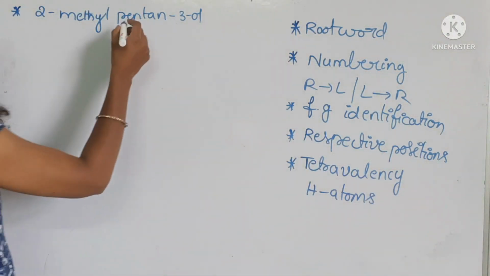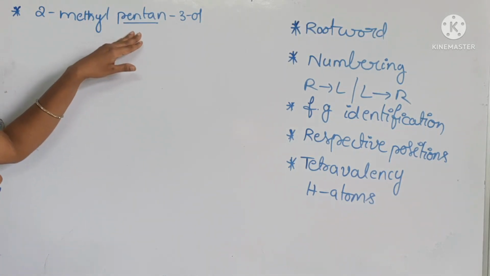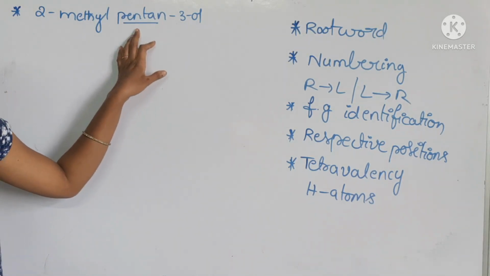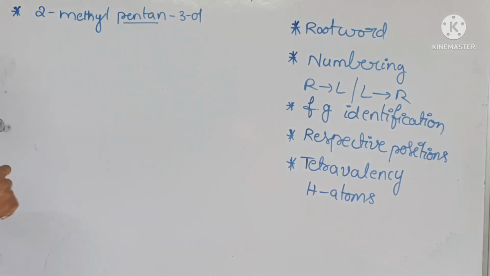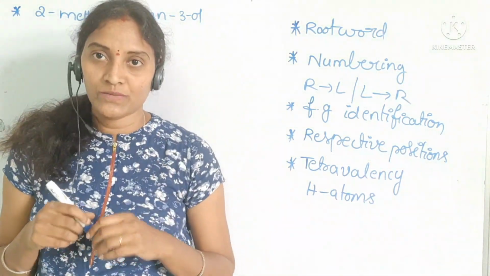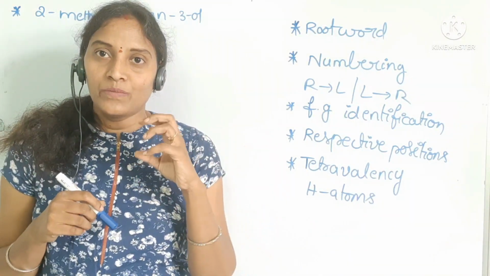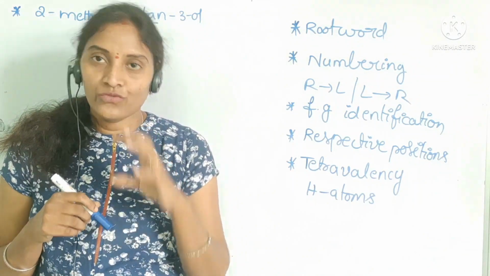By observing this name, you need to identify the root word. Here the root word is pentane. Pent means how many carbon atoms? 5 carbon atoms. So this organic compound's principal chain has 5 carbon atoms.